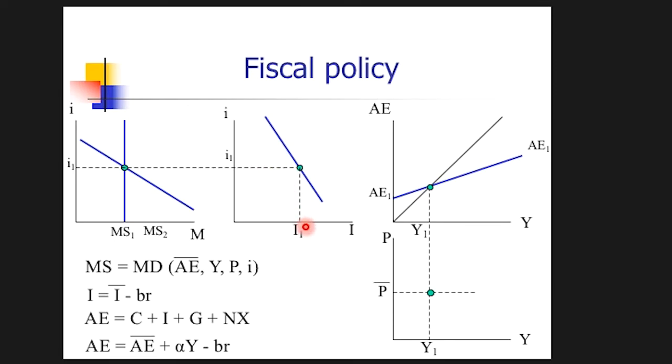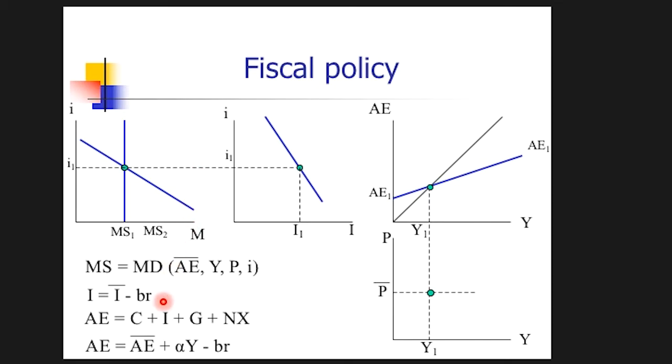And this is the equation for investment. In this equation, we use the real interest rate, little r. But in the diagram, the little i means the nominal interest rate. So what is the difference between the two interest rates?